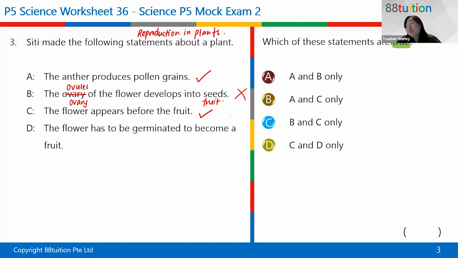Do we germinate the flower? No. What do we germinate? We germinate the seed. So instead of the flower having to be germinated, the flower has to be pollinated and fertilized to become a fruit.